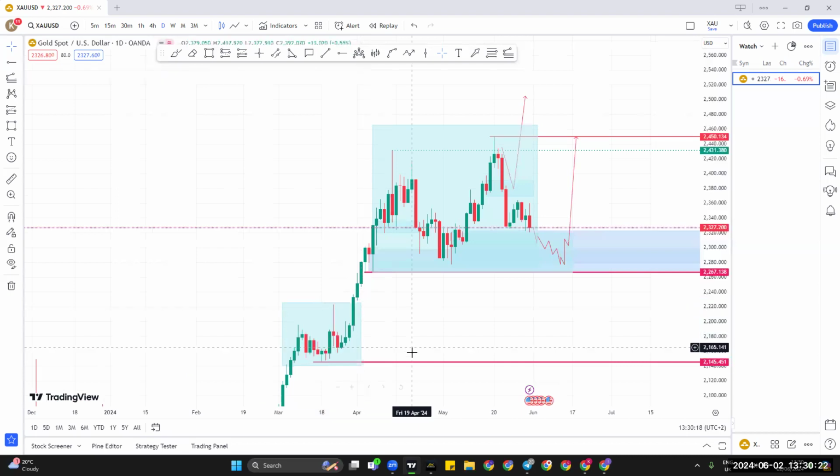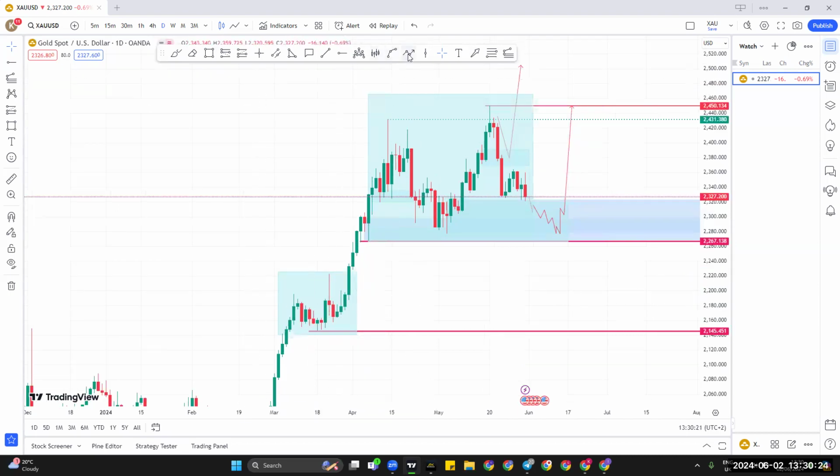The market pushes up, pushes down, reacts from an order block down here, pushes up, but doesn't close above the previous high, comes back into an order block right there, then rejects and pushes up all the way.